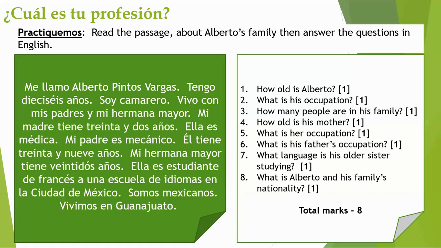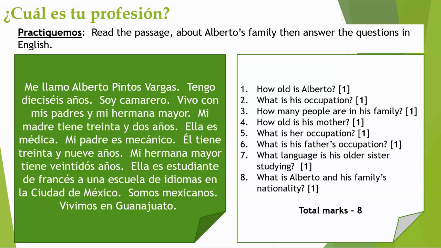What is Alberto and his family's nationality? Mexicans. Okay? So that would have been an easy 8 marks for you if you know numbers, if you know occupation, if you know family members. Easy 8 points for you right there, okay?